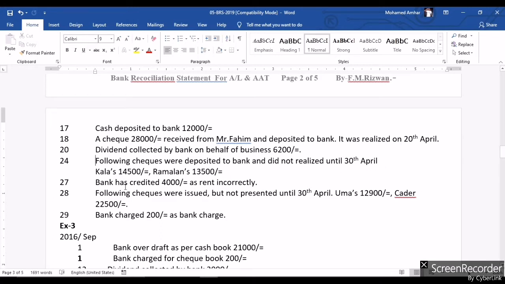So the business has deposited two checks. Kala's check, Kala gave 14,500. Ramalan's check, 13,500. So these two checks were deposited by the organization on 24th.